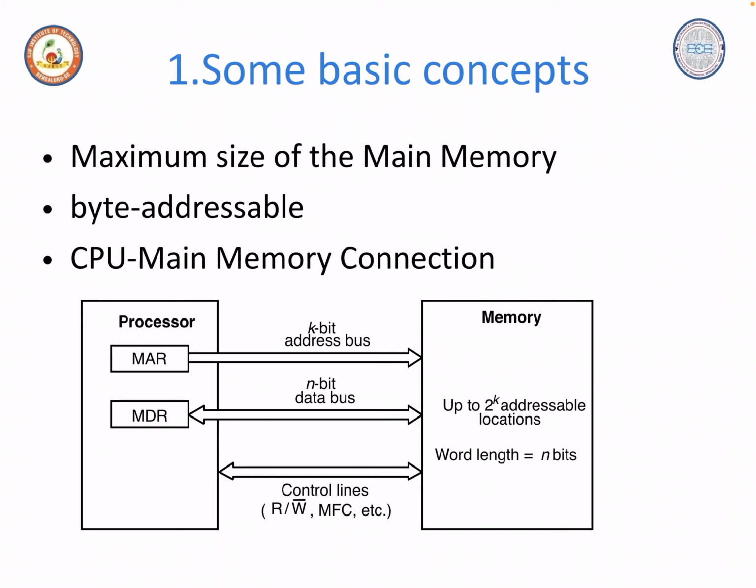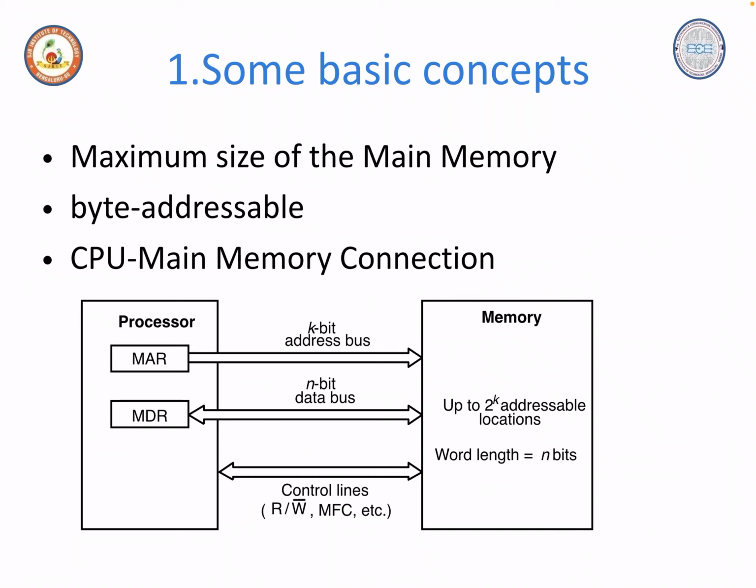Coming to the basic concepts, the maximum size of the memory that can be used in any computer is determined by the addressing scheme. Here you can observe the connection of the memory to the processor.